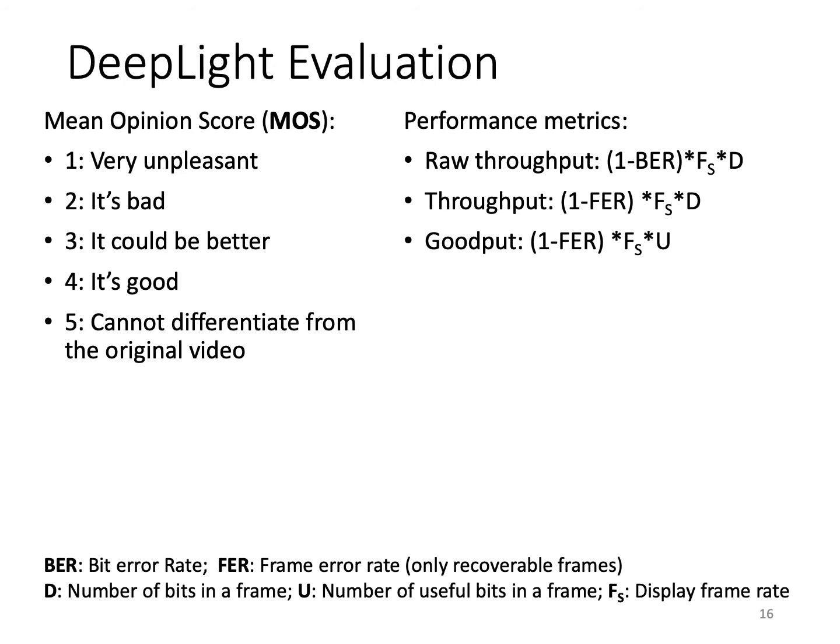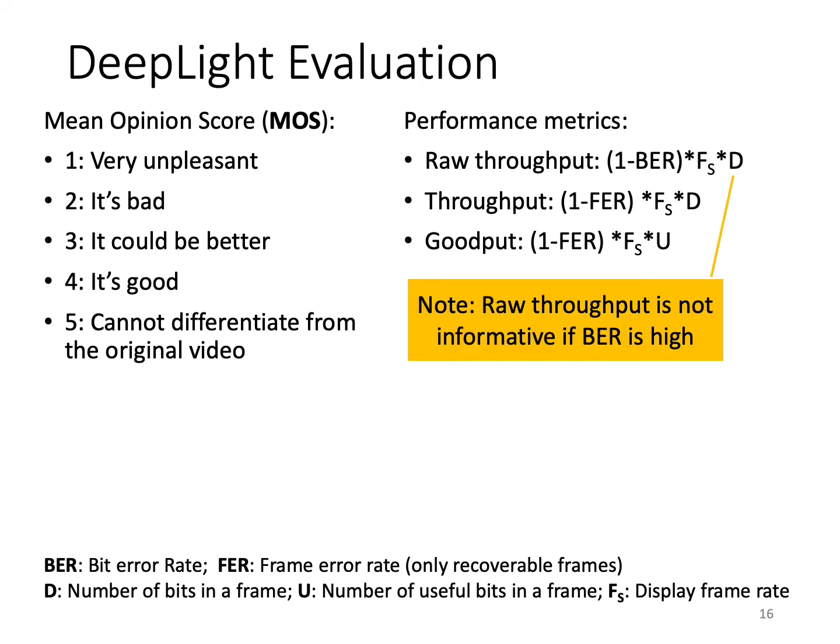The throughput counts only the recoverable bits. And goodput counts only the useful recoverable bits. Note that the raw throughput is not useful if the bit error rate is high. Just imagine a random guess: the bit error rate would be 50%, but it is unlikely to be corrected.